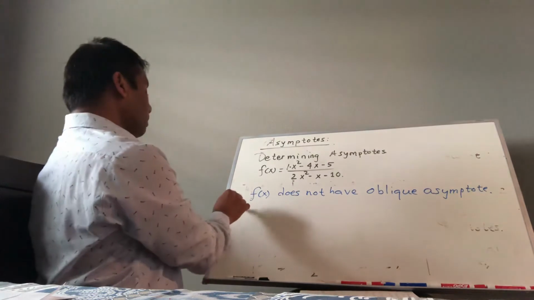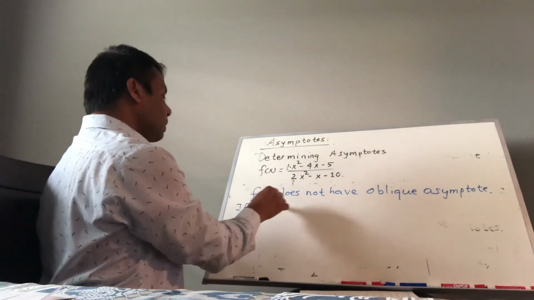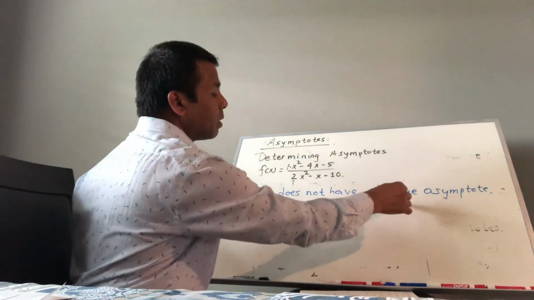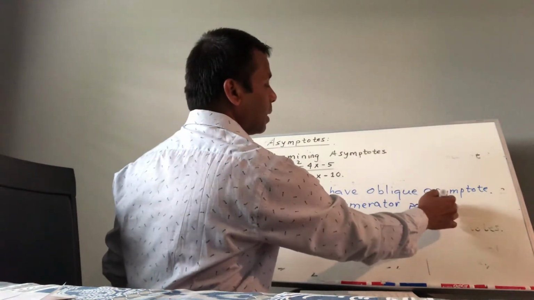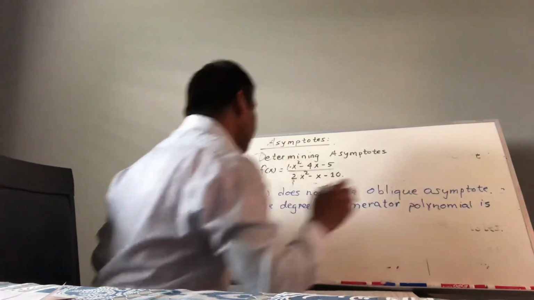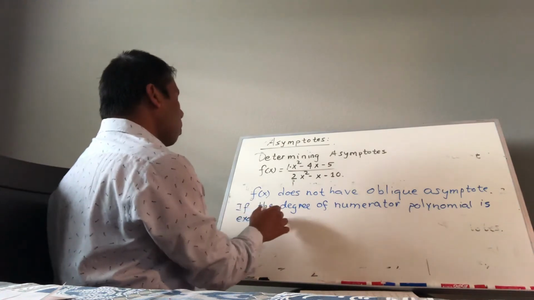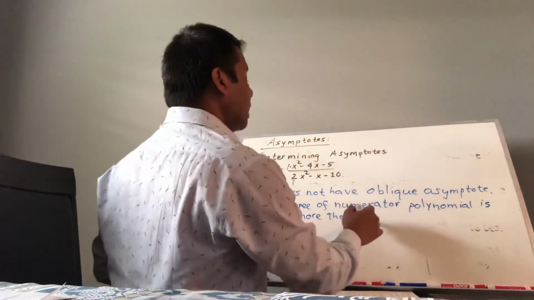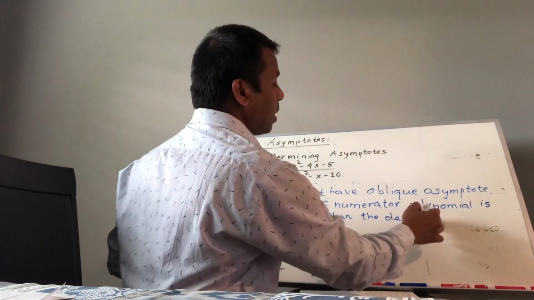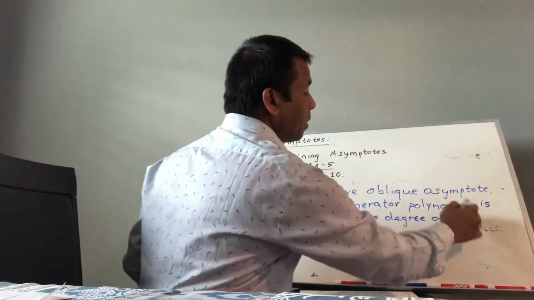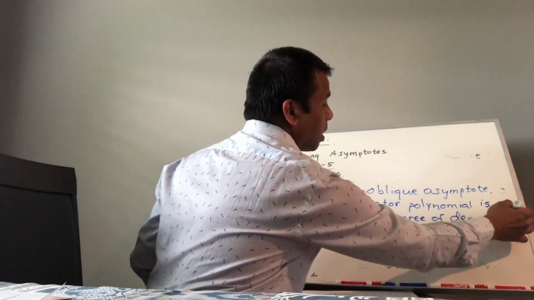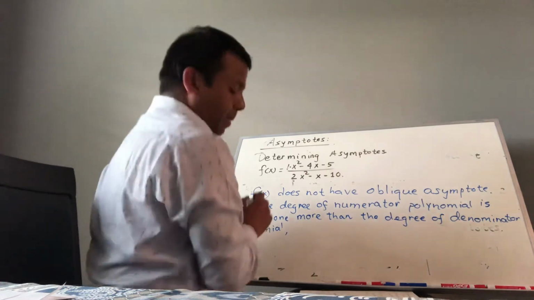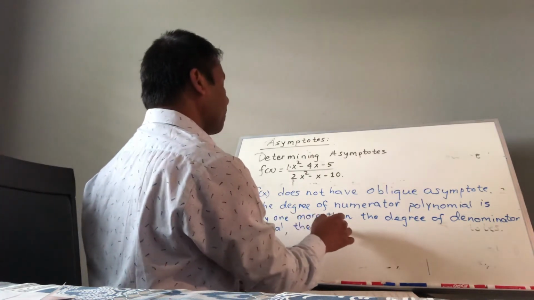If the degree of the numerator polynomial is exactly one more than the degree of the denominator polynomial, then there will be an oblique asymptote.